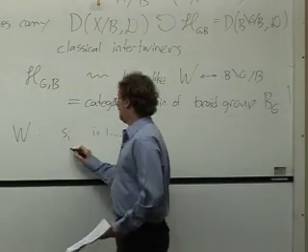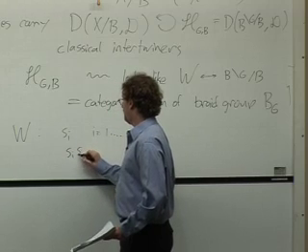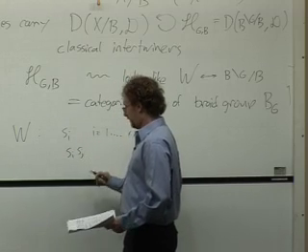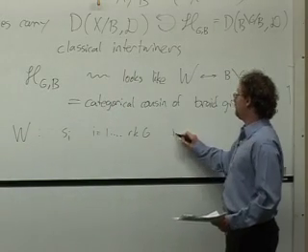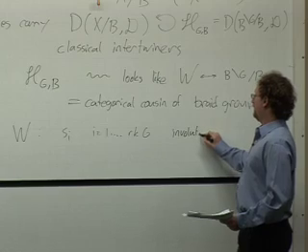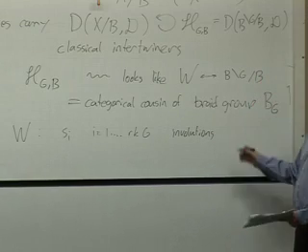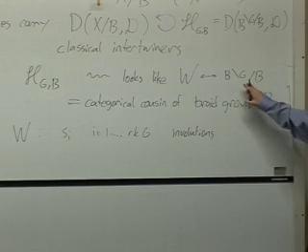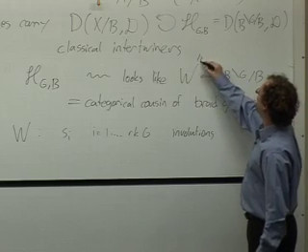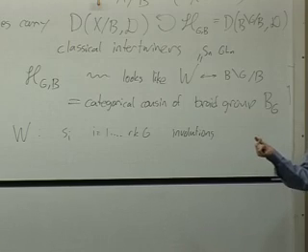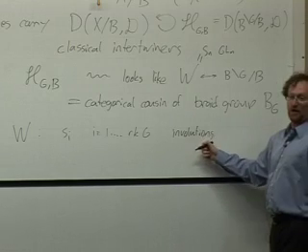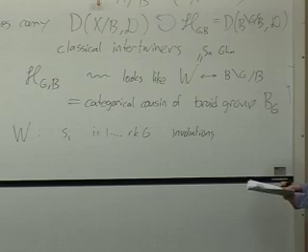The first property is that these S_i are involutions. So these are the simple transpositions. In the case of GL_n, this is the symmetric group, and these are just simple transpositions, and they generate the symmetric group. So we have these involutions.